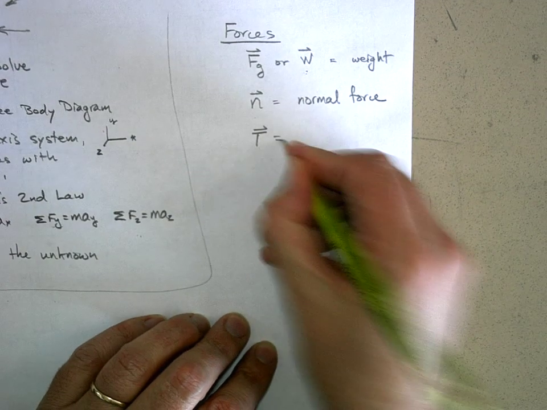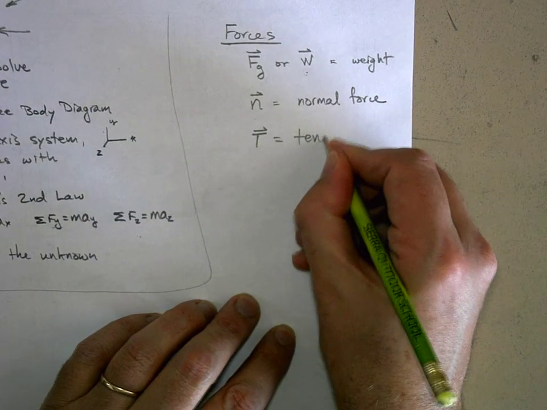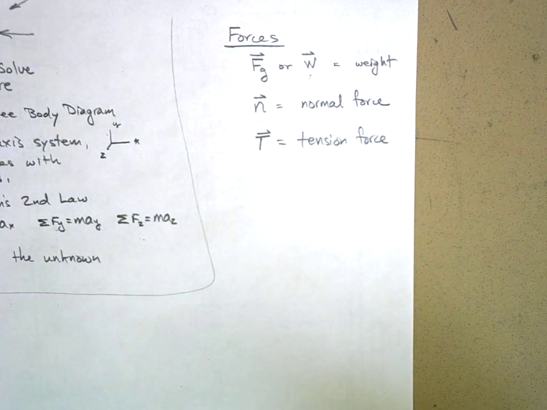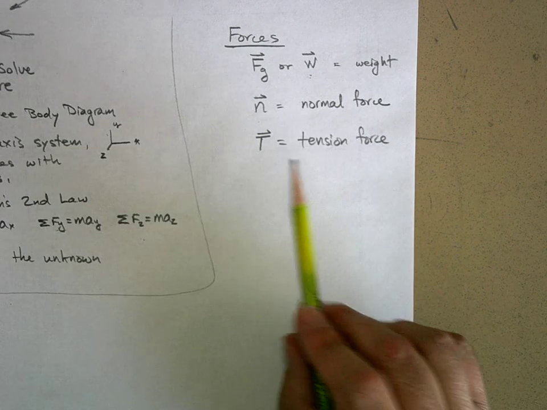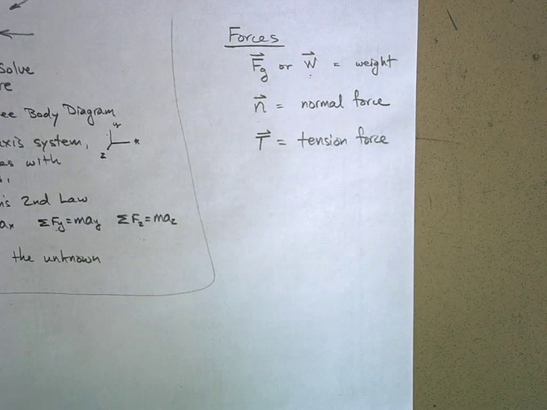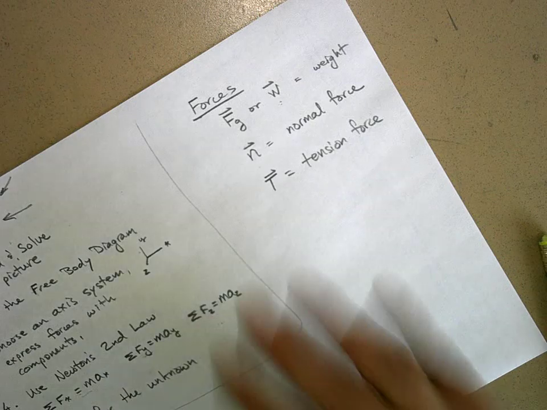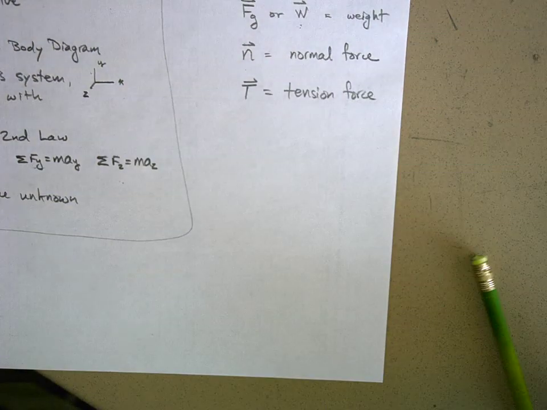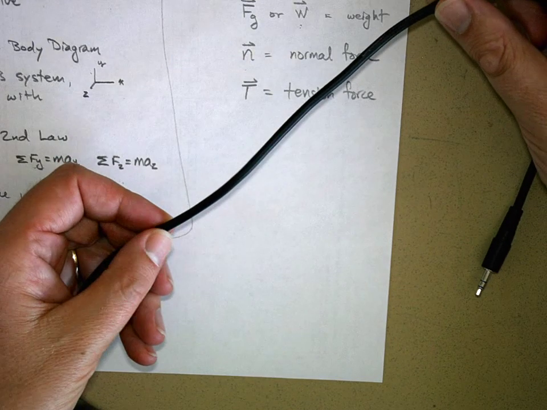We have a capital T, that's a tension force. This is the force applied by a chain or a rope or a string. The direction of a tension force is always in the geometric direction of the actual string or cable.